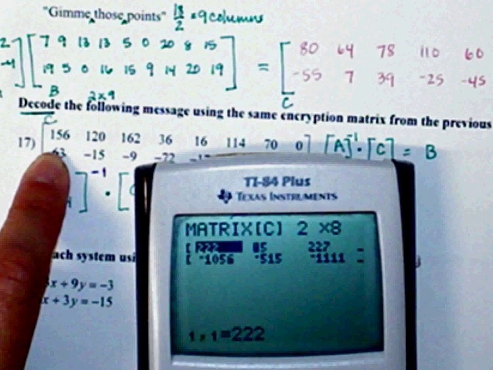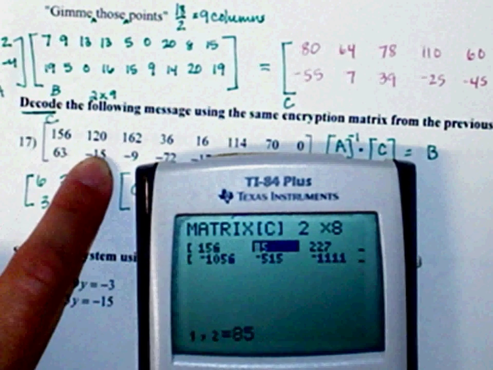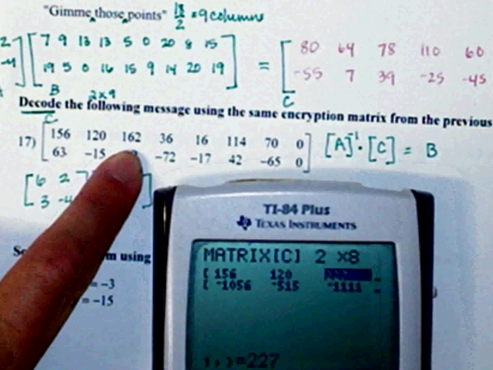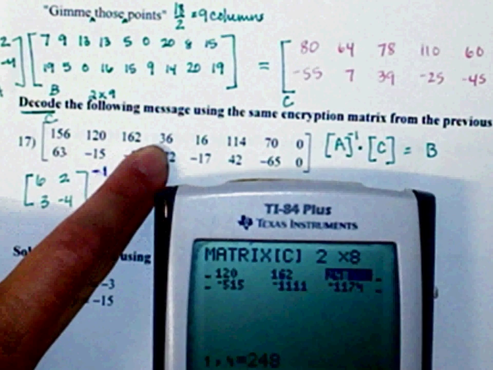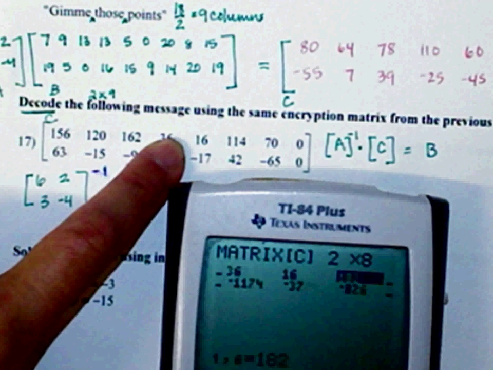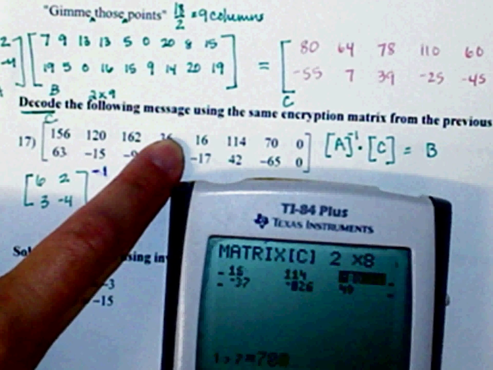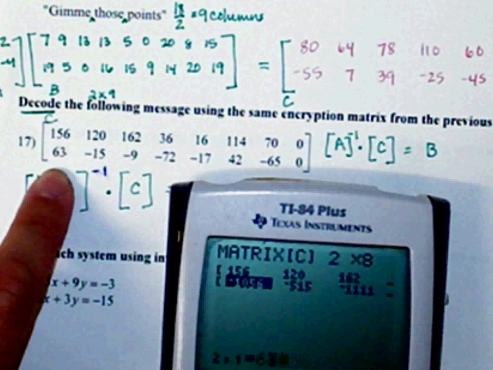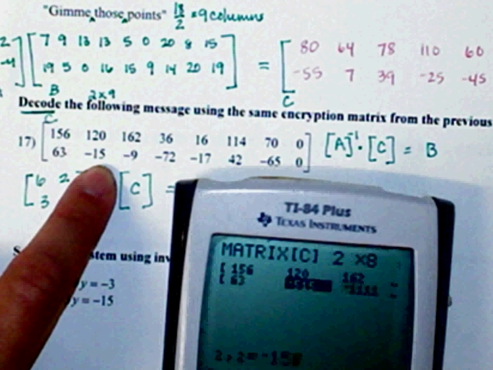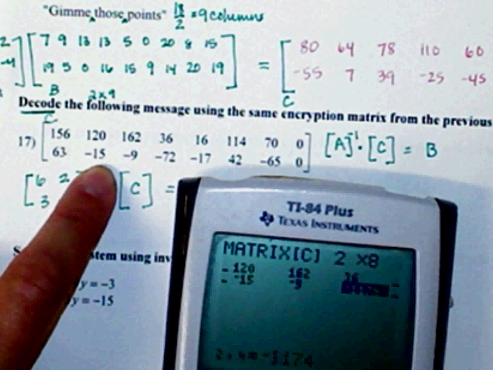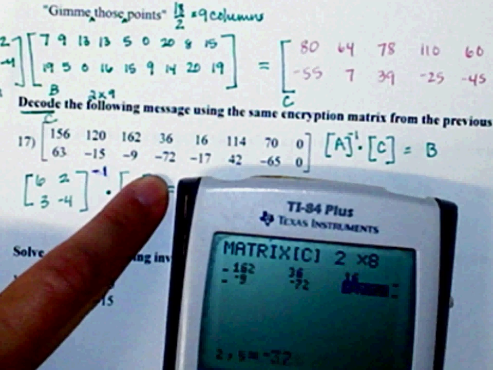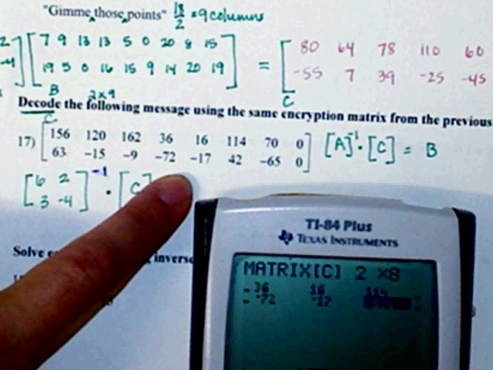156, 120, 162. If one number is off, you can mess up a few letters. 114, 70, 0, 63, -15, -9, -72, -17, 42, -65, 0.